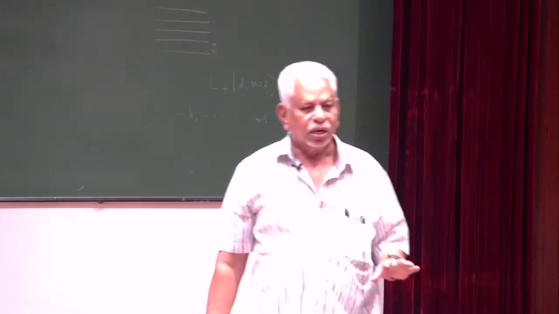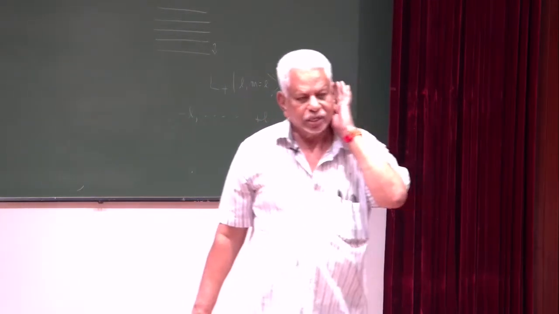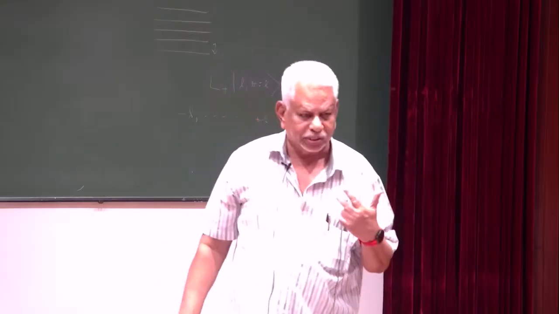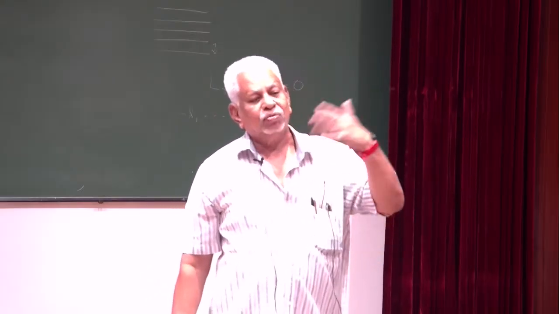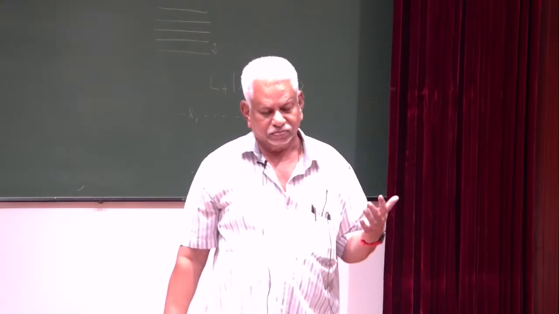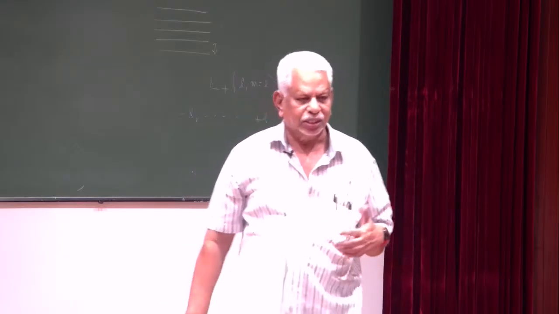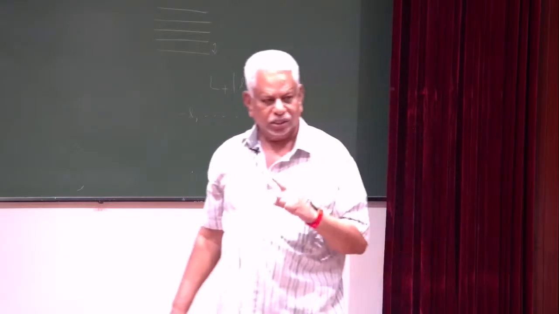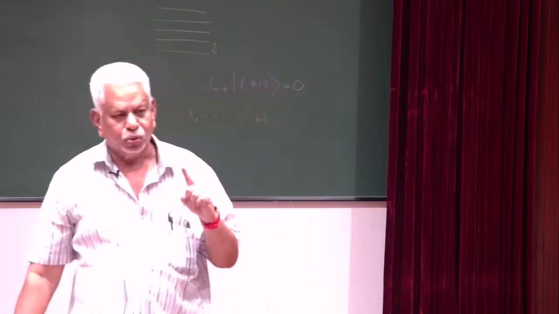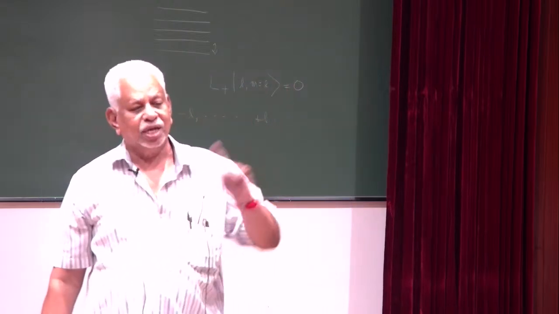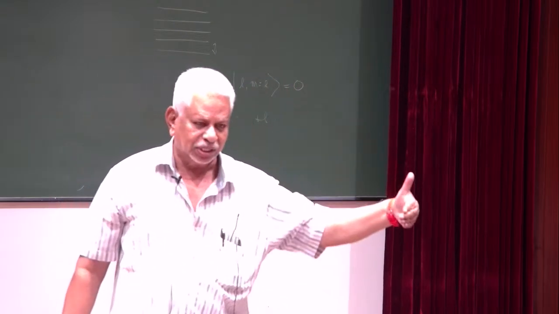So, these representations are called spinorial representation, whereas the other ones are called vector representation, vector, tensor, etc. Under a 2 pi rotation in a spinor representation, you do not get the same state, but the negative of that state.